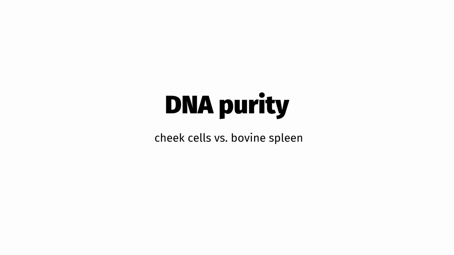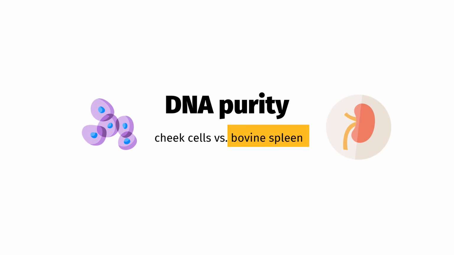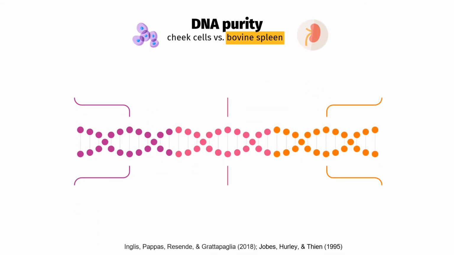In comparing the DNA isolation methods for cheek cells and bovine spleen mentioned earlier, it is expected that the reagents and equipment used for the latter may result in a DNA isolate being relatively purer. Firstly, the bovine procedure made use of additional reagents such as the citrate saline buffer, which ensures the stability of the pH throughout the experiment.